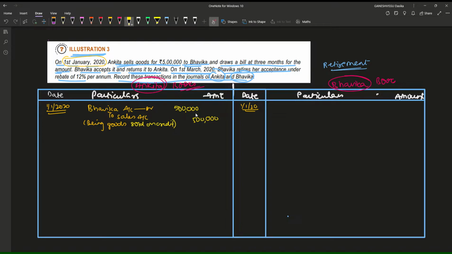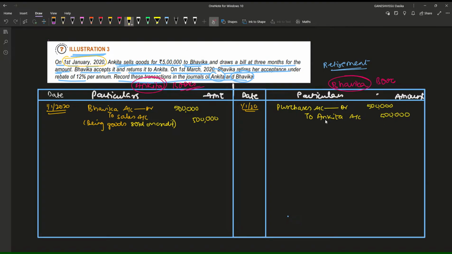So in the same way, what Bhavika is going to write in the entry: she has purchased the goods from Ankita, so she writes the entry for 5 lakh rupees.